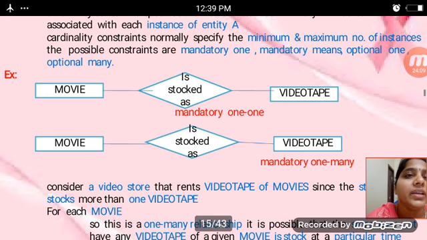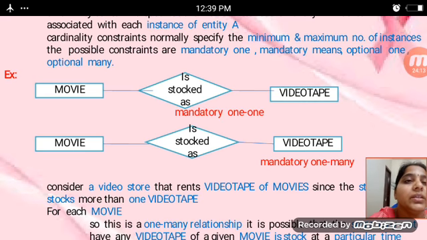A movie and a videotape are the two entity types. In the mandatory one-to-one case, a movie has one videotape, and that is the relationship between video and movie. This is a mandatory one-to-one relationship model.